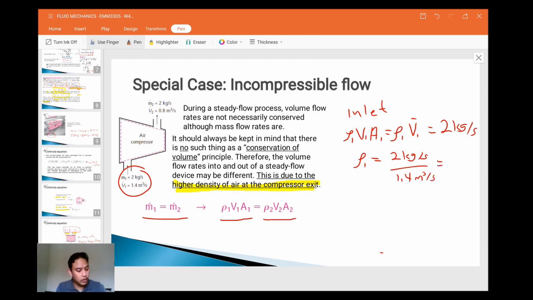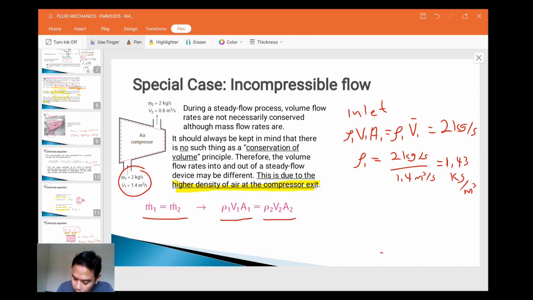So here you will get that rho 1 is around 1.43 kg per meter cube.